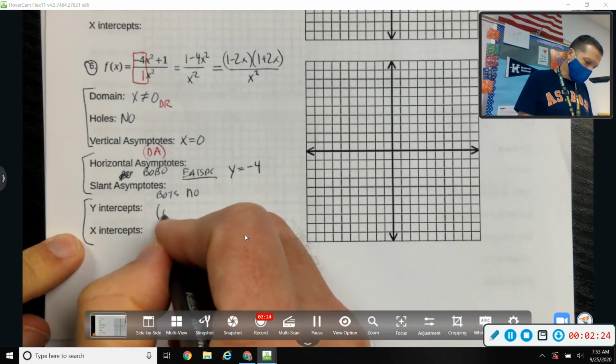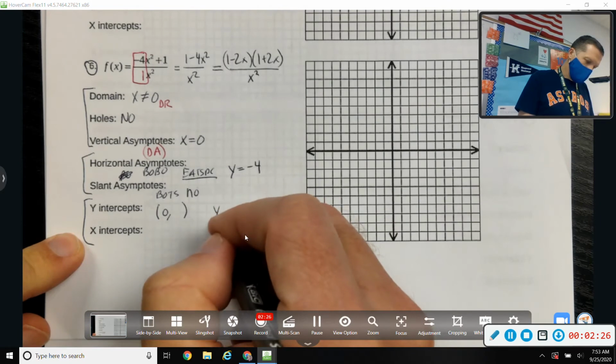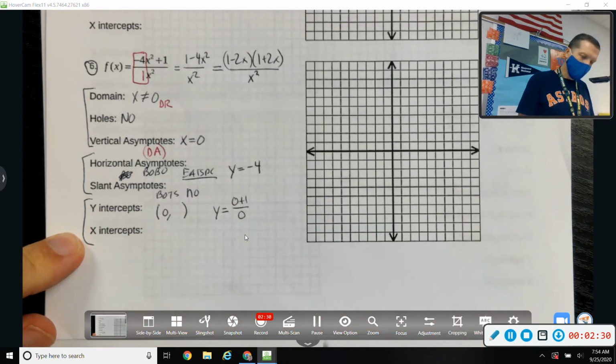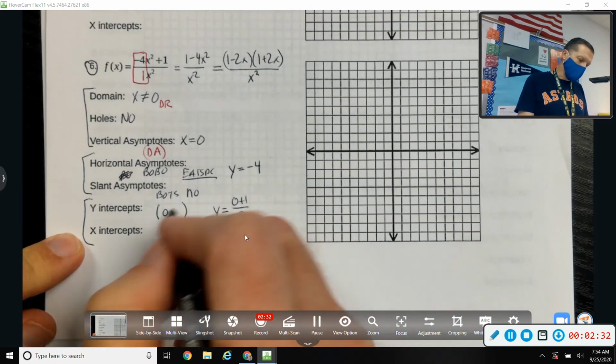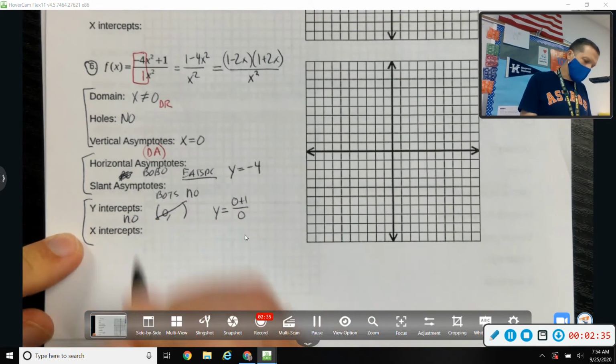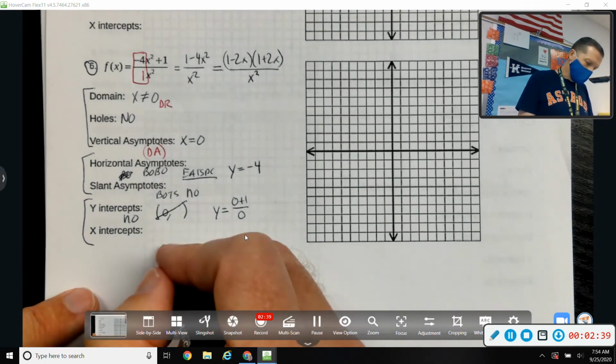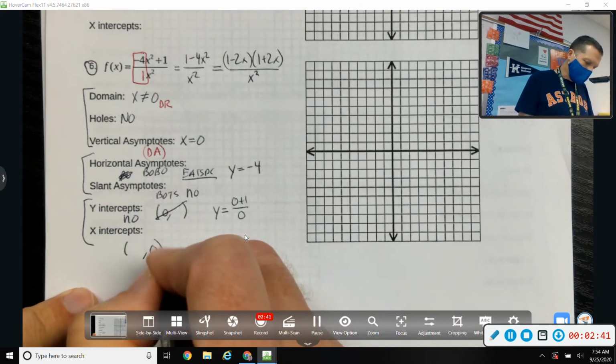Y-intercepts would be where x is 0. So if I plug in 0, I get 0 plus 1 over 0. Whoops, I can't divide by 0, so there aren't any y-intercepts. X-intercepts are where y is 0.